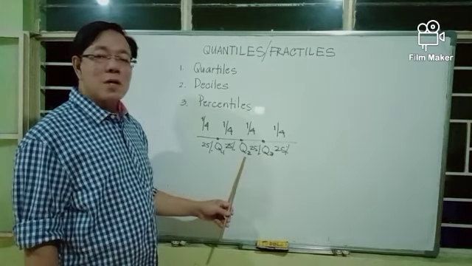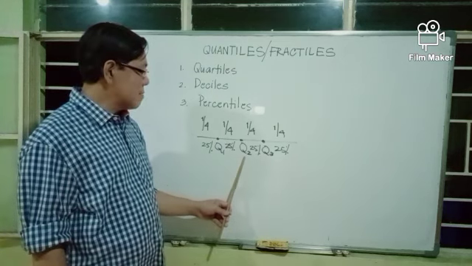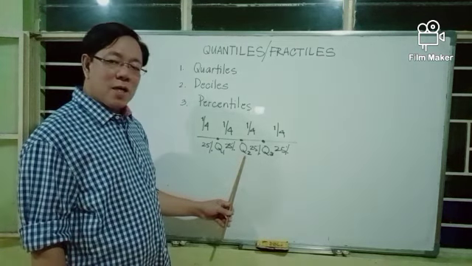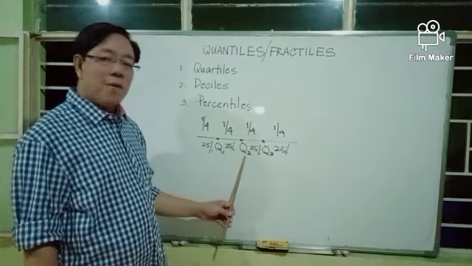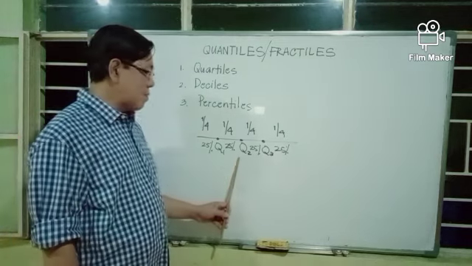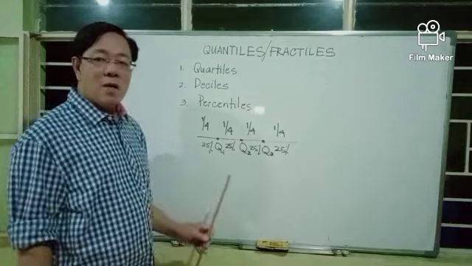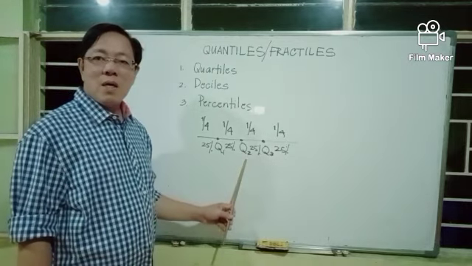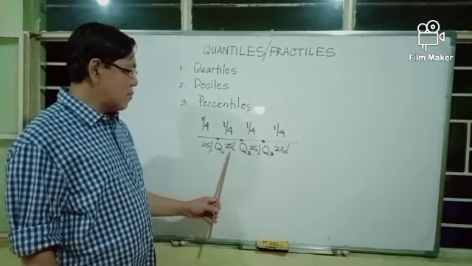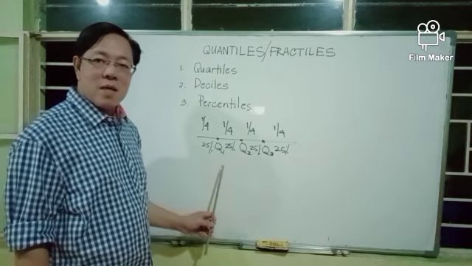With reference to the second quartile, we say that 50% of the data or the set of measurements, those to the left of the second quartile, are below the second quartile. 50% because we have 25 plus 25%.